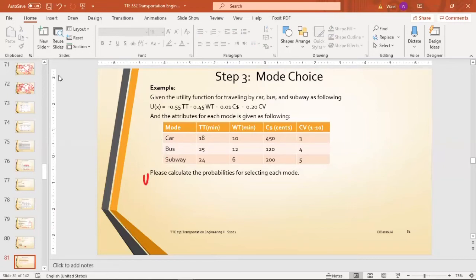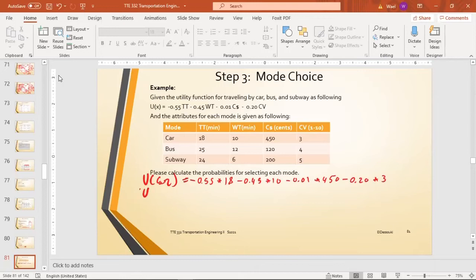U car equals minus 0.55 multiply 18 minus 0.45 multiply 10 minus 0.01 multiply 450 minus 0.20 multiply 3.